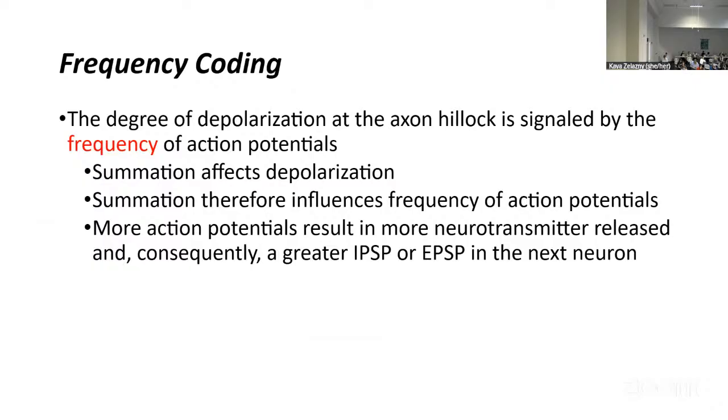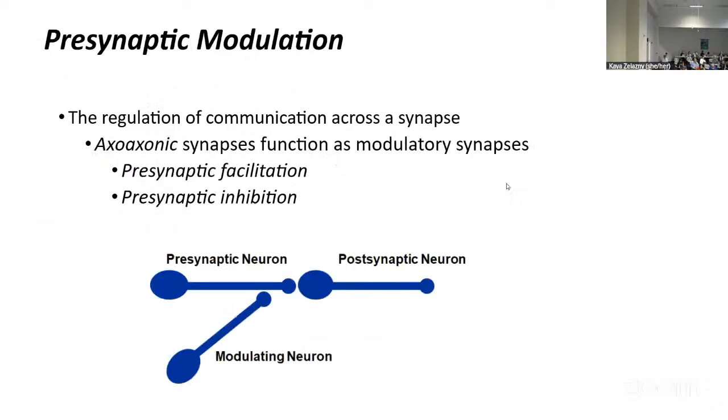We stay depolarizing and sending depolarizing signals to the axon hillock. We're going to end up firing more action potentials after that refractory period is over. So more action potentials are going to result in more neurotransmitter, which likely is going to give us a greater effect on a postsynaptic neuron. Whether that's inhibitory or excitatory is going to depend on the receptor and the neurotransmitter themselves, and what they are.